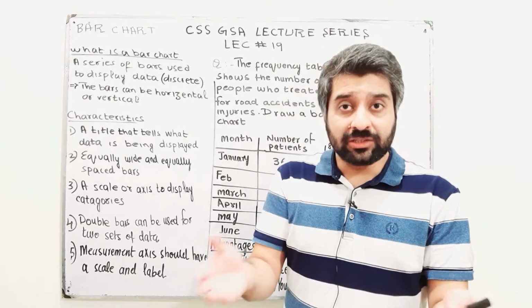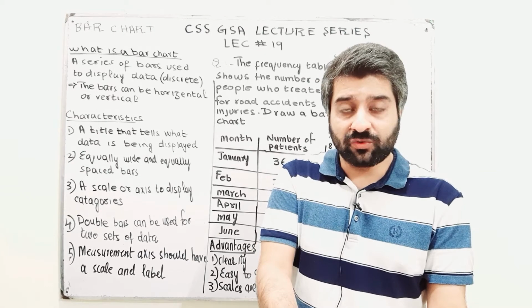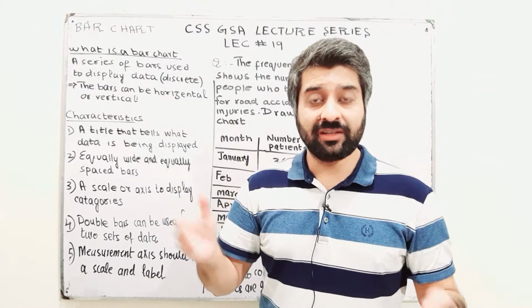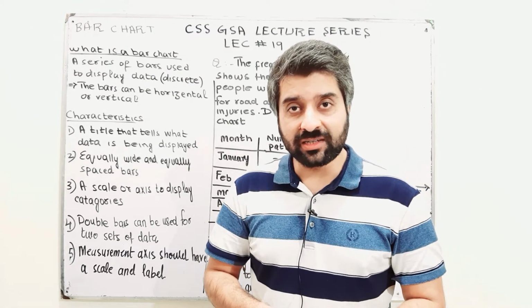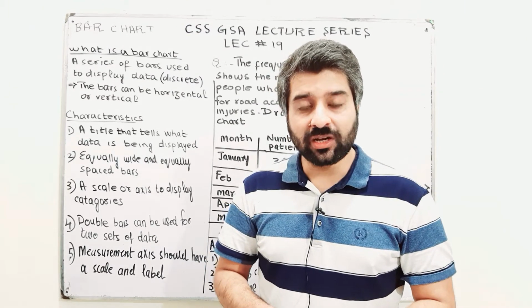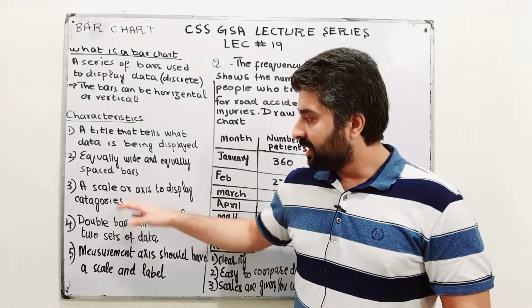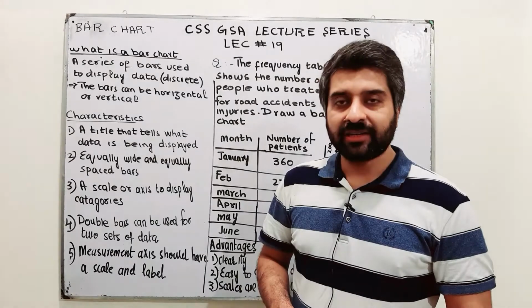That is important in case of a bar chart, and they are spaced. Space is important. When there is no space between the bars, that is no more a bar chart, that will be a histogram.